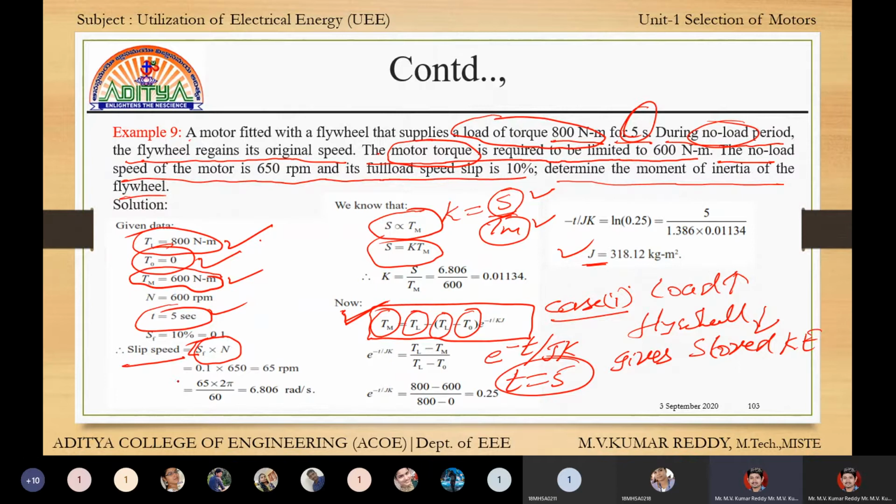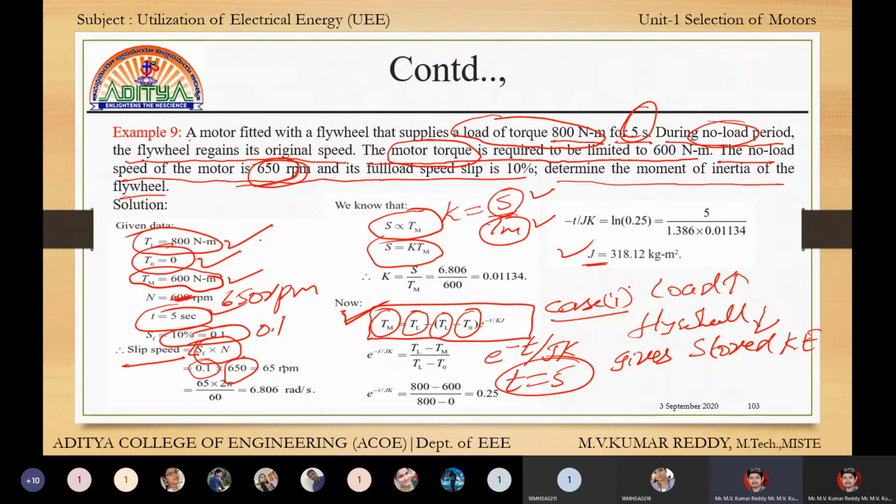Slip into synchronous speed. This is not 600, it is 650 RPM. Synchronous speed is given, that is 650 RPM, into slip. Slip is 10%, which means 0.1.